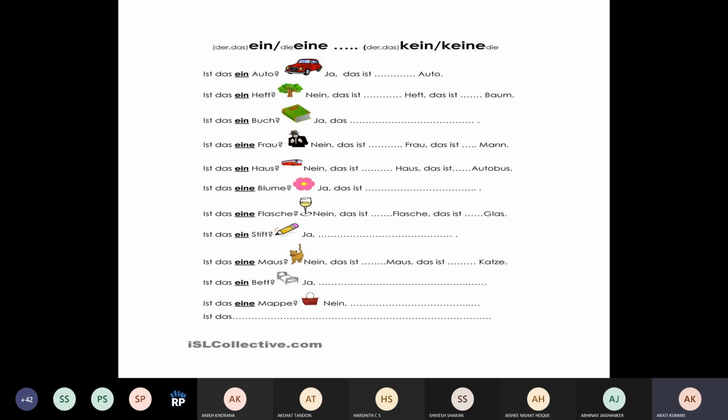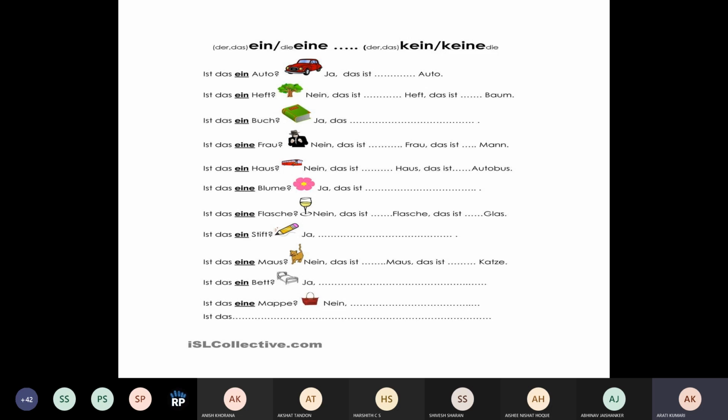So ist das ein Stift? Ja, das ist ein Stift. Der Stift. What is Stift? What do you see in the picture? Pencil. Yes, der Stift, or you can also say der Bleistift.